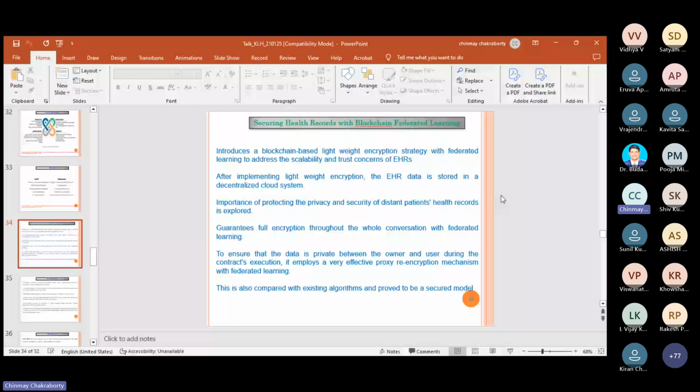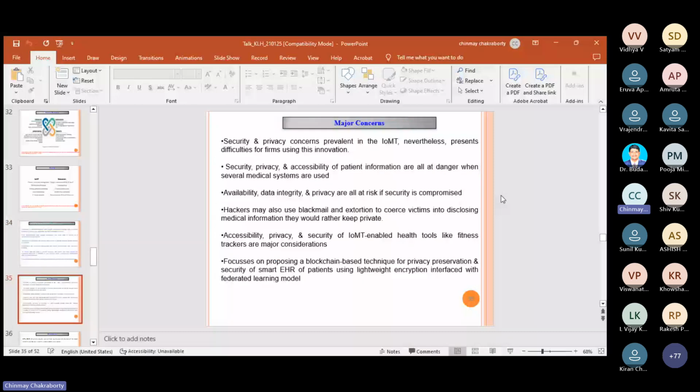Major concerns are security and privacy, which are relevant in IoT, and it presents difficulties for firms using the innovations. Security, privacy, and accessibility of patient information are all in danger when several medical systems are used. And definitely several medical systems and instruments are used, so accessibility is the major issue, right? Next, availability, data integrity, and privacy are all at risk if security is compromised.